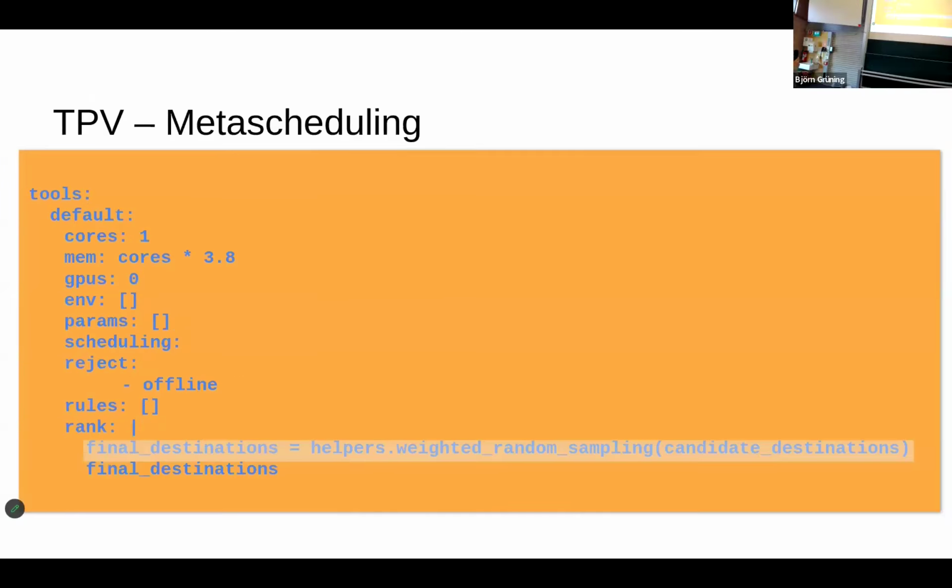Another last thing that TPV can do is that it has an insertion point, or an entry point, for custom Python code for providing a rank of all the possible destinations. And this is actually our entry point as well for what we developed.